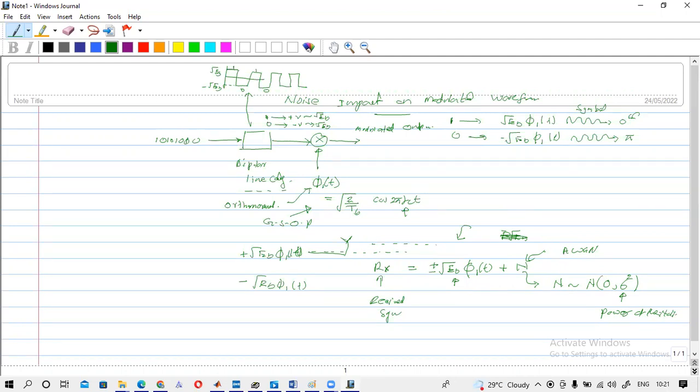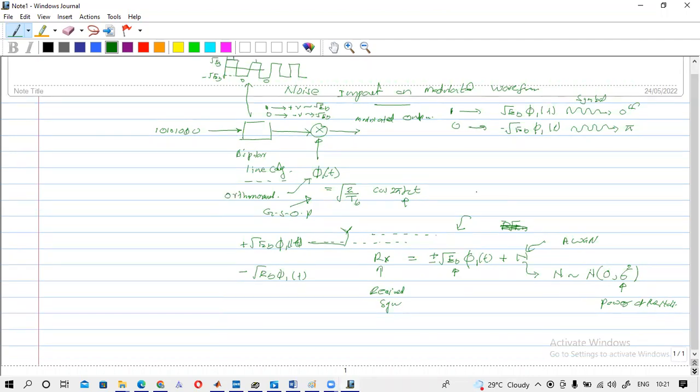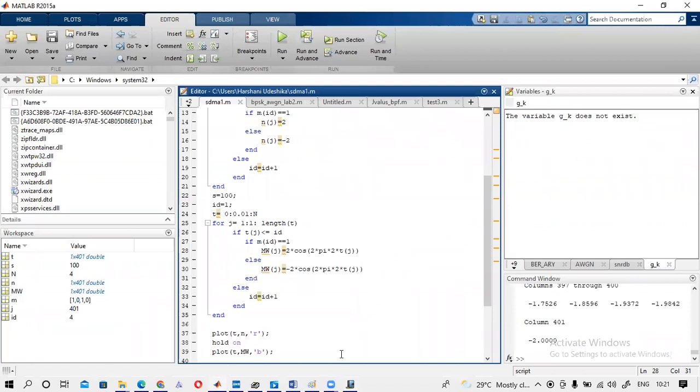So what we can simply do, here we have our transmitted signal. It looks like this, we have already seen it. If I run this, it will take some time.